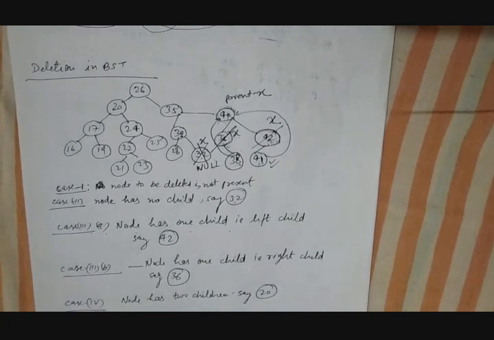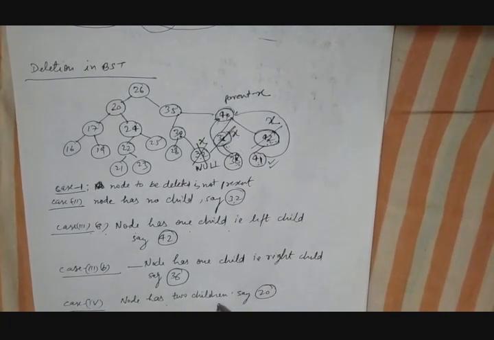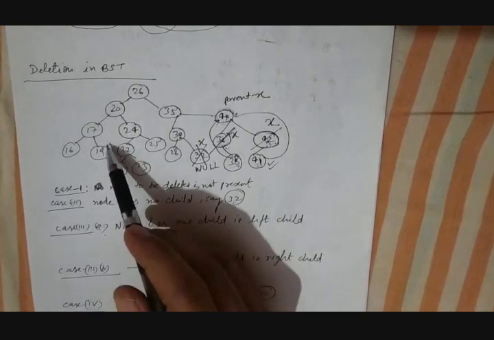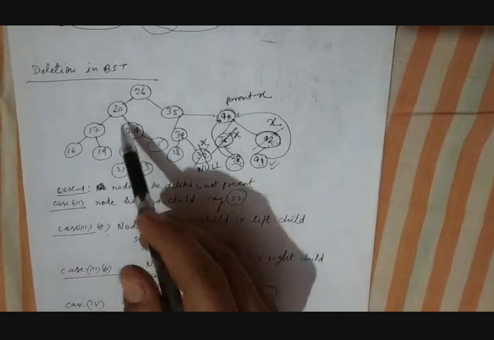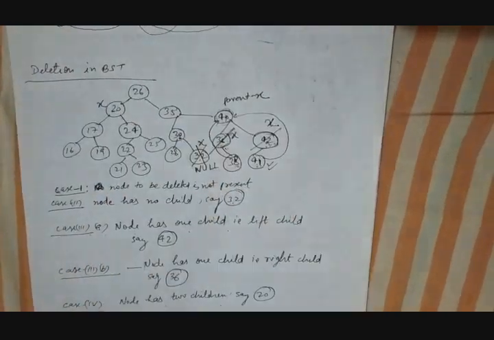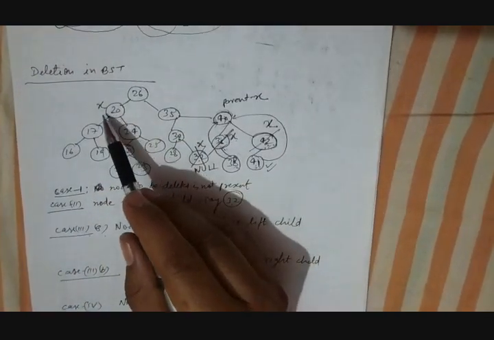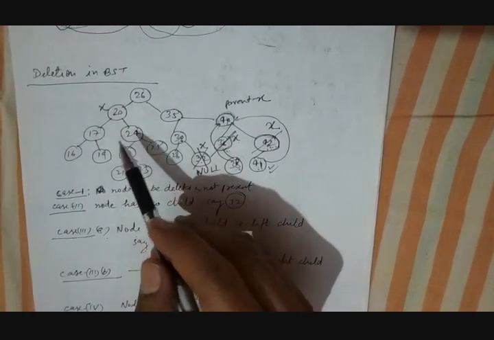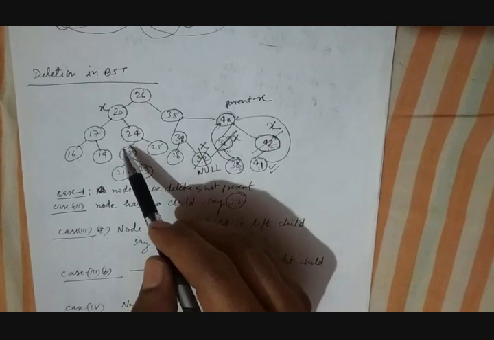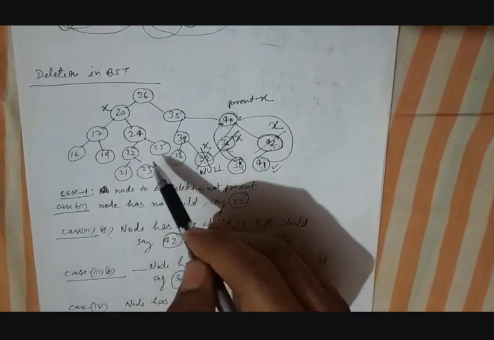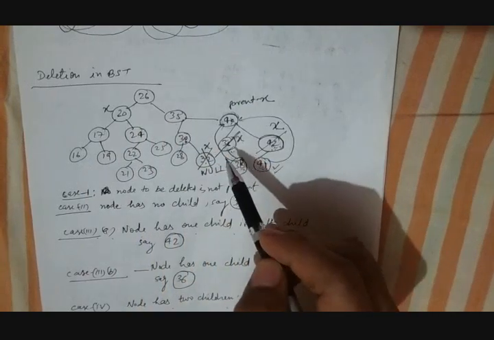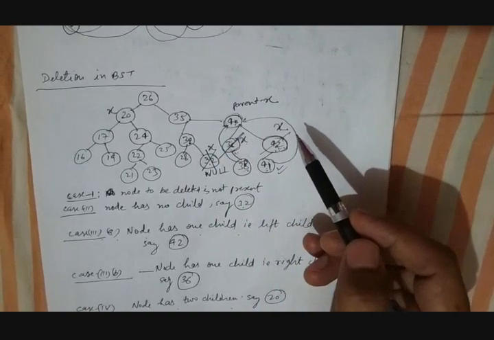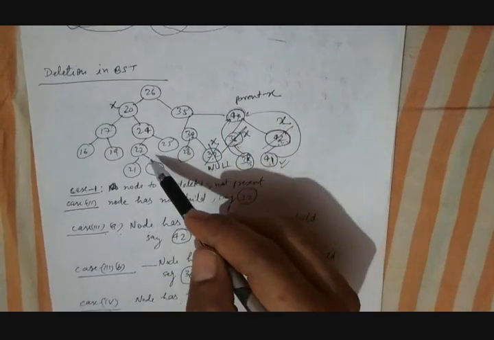Now the last case is where we want to delete a node that has two child nodes. Let's say, for example, 20. Just see in this diagram, this is a binary search tree. We want to delete node 20 over here. So let's name it X. In this case, the rule says that the in-order traversal of a binary search tree always gives you the increasing order of the key values of its elements.